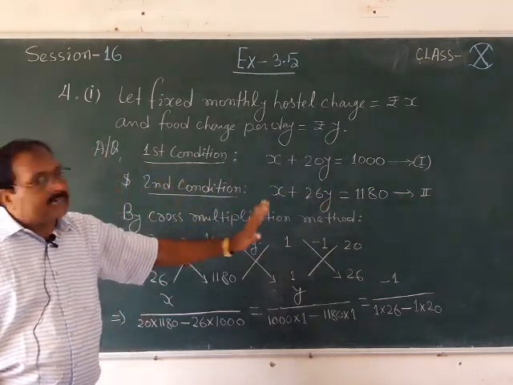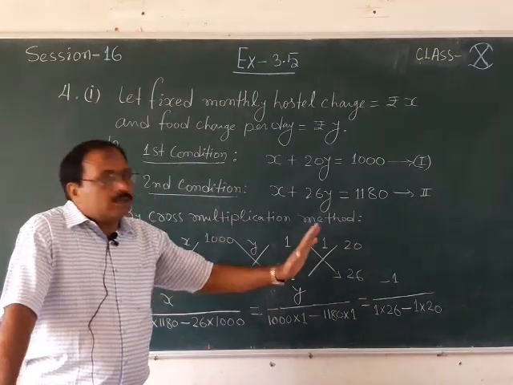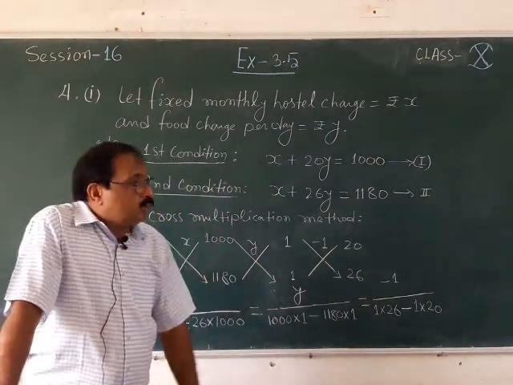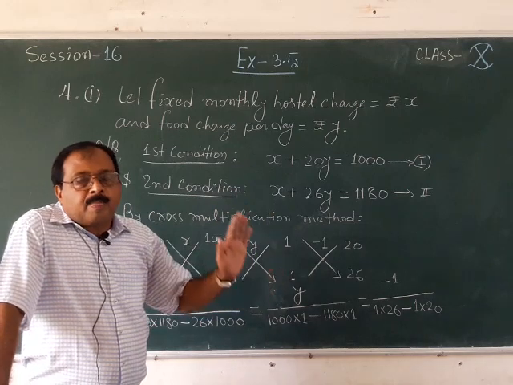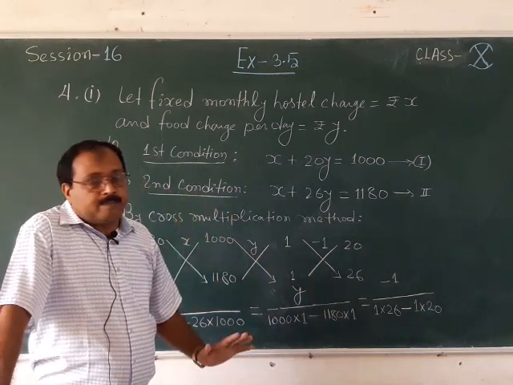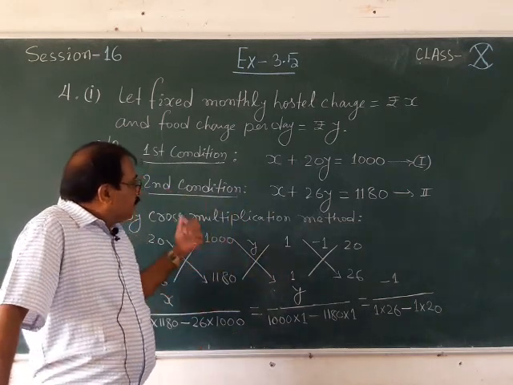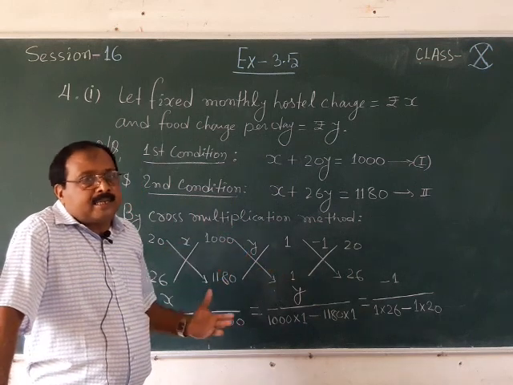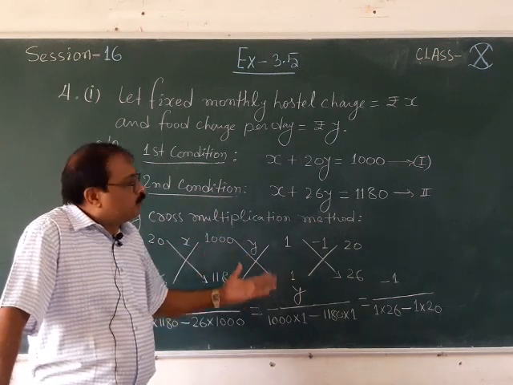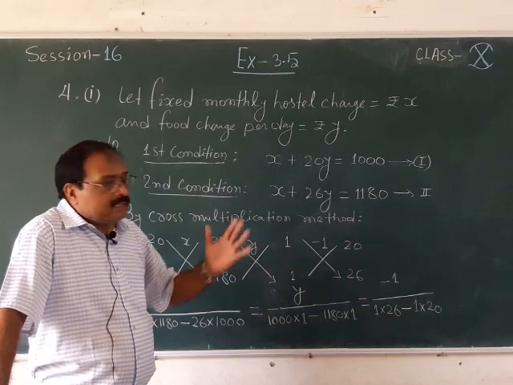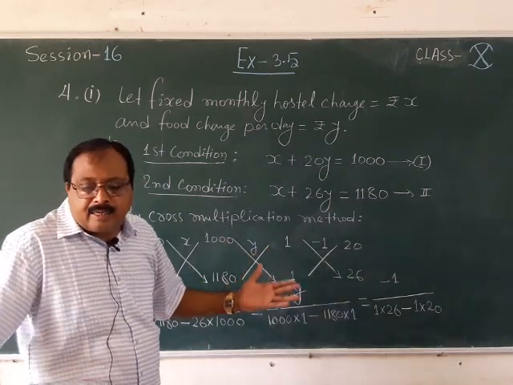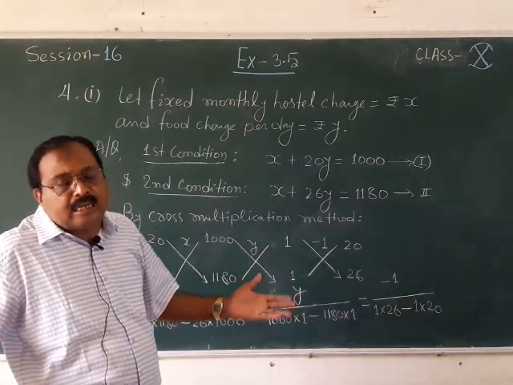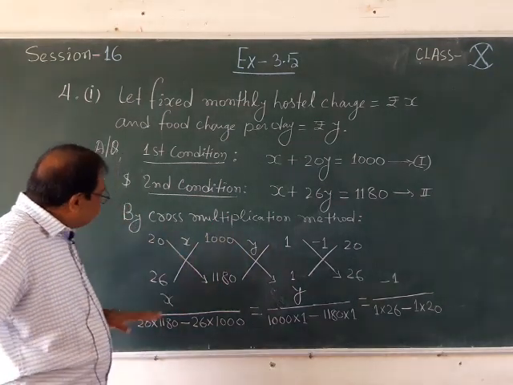So it is clear that a1 by a2 does not equal b1 by b2. That means we have a unique solution. I have started to solve it, and I have selected the cross multiplication method. You can solve this by any method.